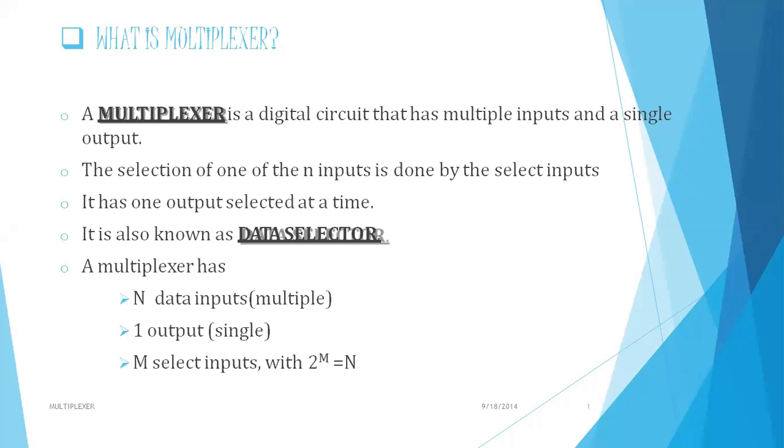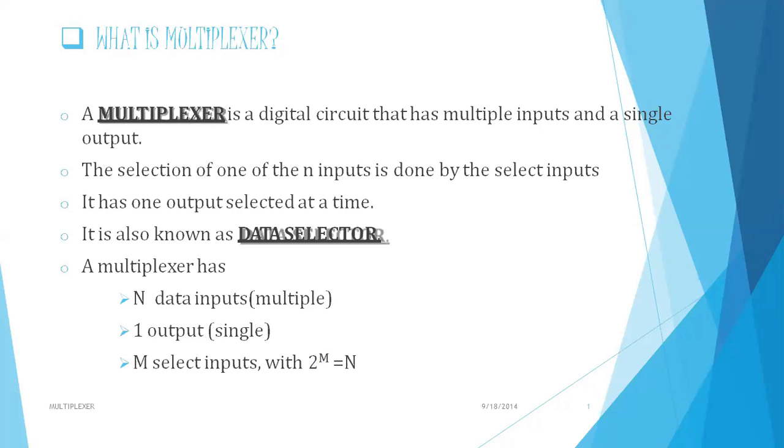It selects any one of the inputs at a time. The selection of one of the n inputs is done by the select inputs. So a multiplexer has multiple data inputs, and it produces only a single output.